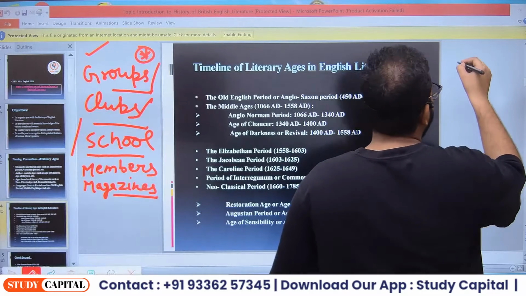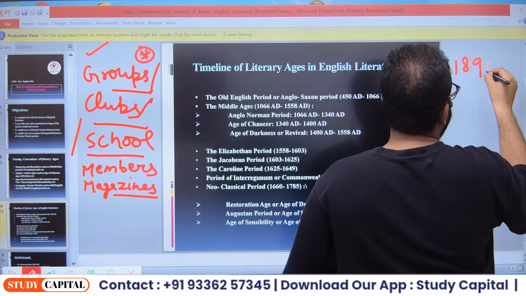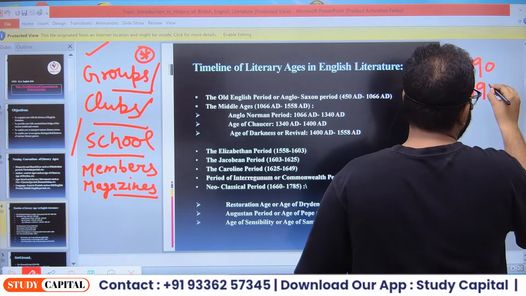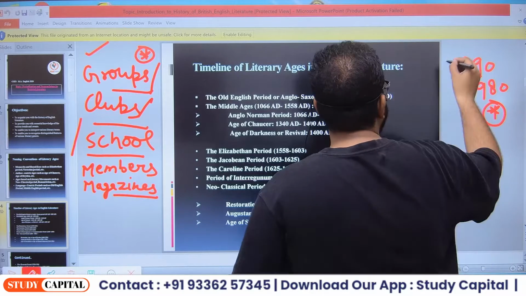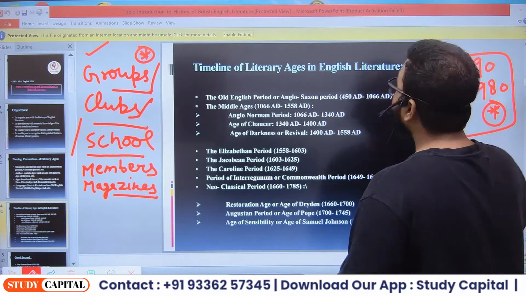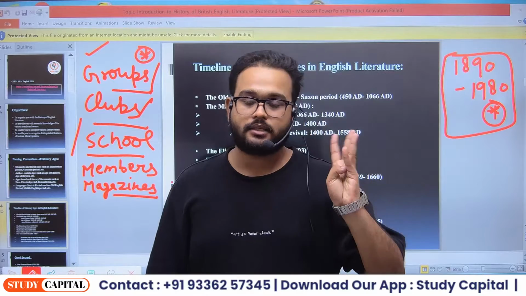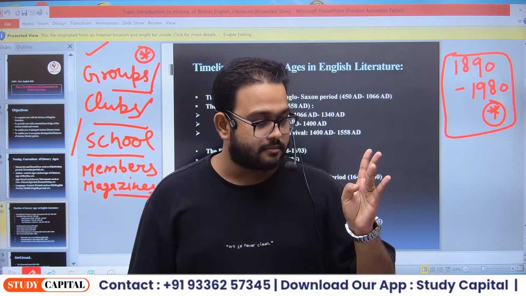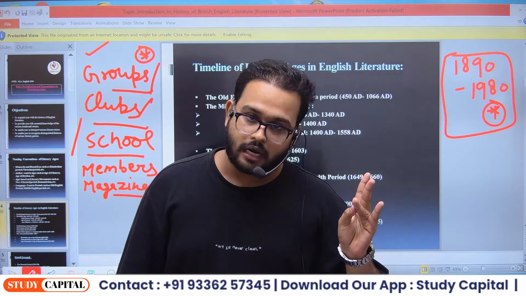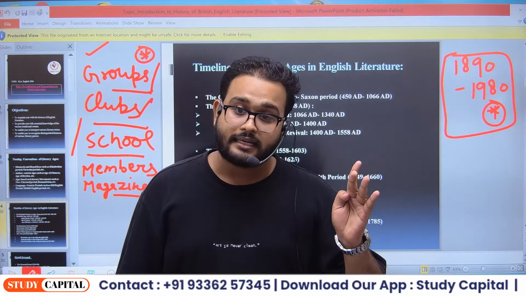But why? Because if you see from 1890 to 1980, most of the questions they ask are from groups within this particular time frame. I can give you names: the Decadent movement, the Aesthetic movement, Imagism, Dadaism, Surrealism, the Harlem Renaissance. These are the 1910s movements, right?